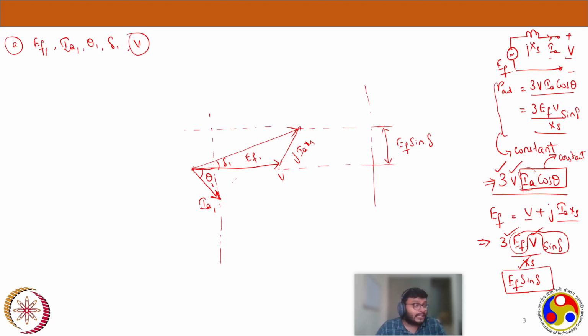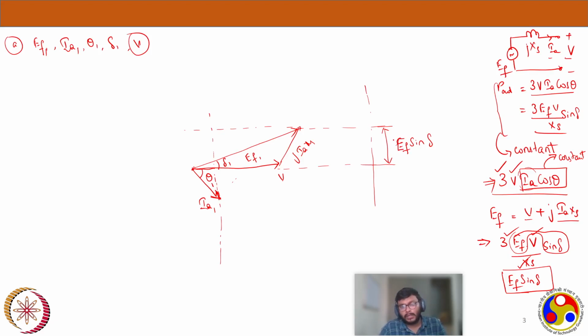So by looking at the phasor, we can say EF sin delta is the vertical length that we are seeing on the figure, and that needs to be constant. If we increase or decrease the field current, the tip of EF should remain here or here or here, anywhere, such that EF sin delta is always constant.